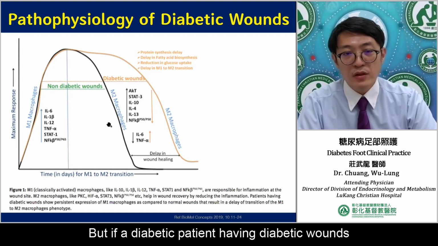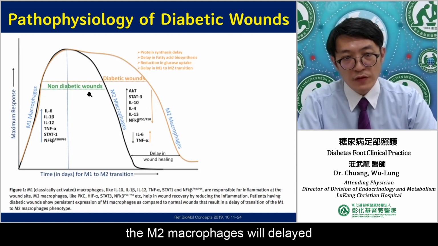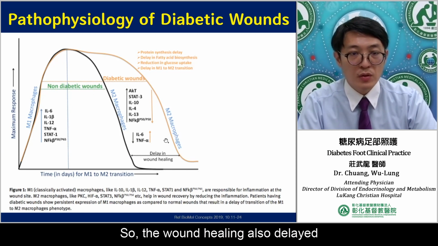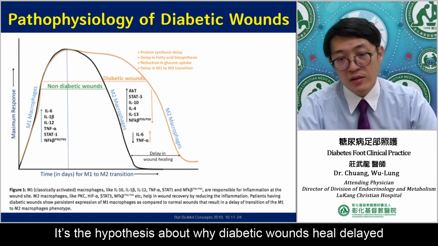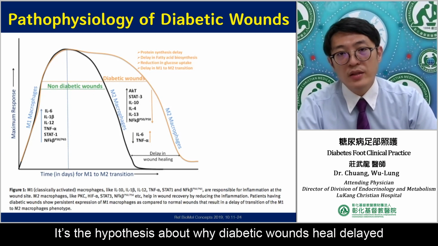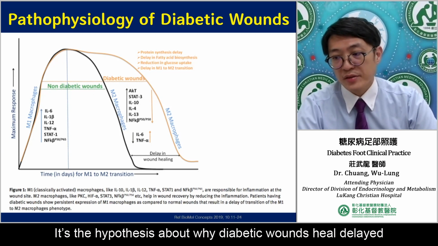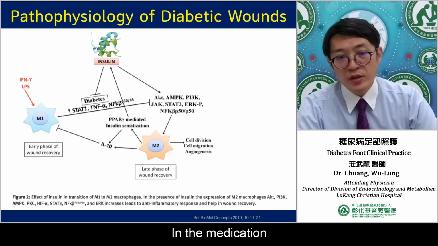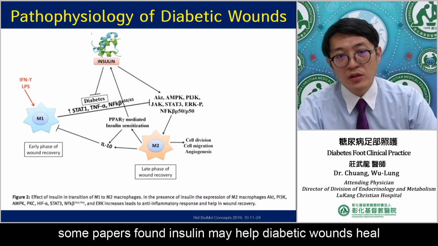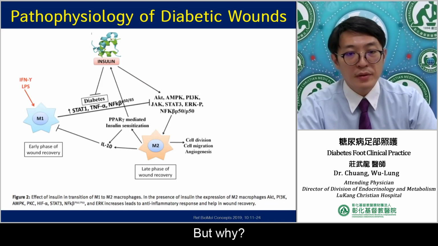But if a diabetic patient has diabetic wounds, this phase will be delayed. The M2 macrophages will be delayed, so the wound healing is also delayed. There's a hypothesis about why diabetic wounds heal slowly. In medication, some papers found insulin may help diabetic wounds heal, but why?